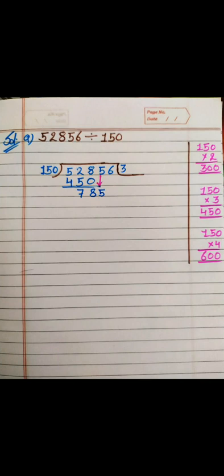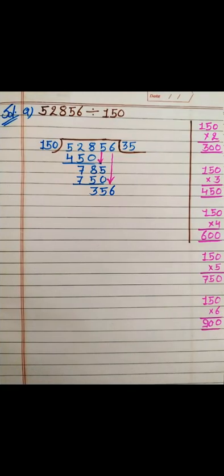Now again we will recite the table. 150 times 5 is 750 and 150 times 6 is 900, which is greater than 785. So we will take 150 times 5, 750. After subtracting we get 35, and then we bring down the next digit, 6.